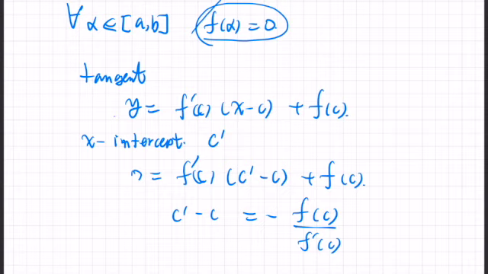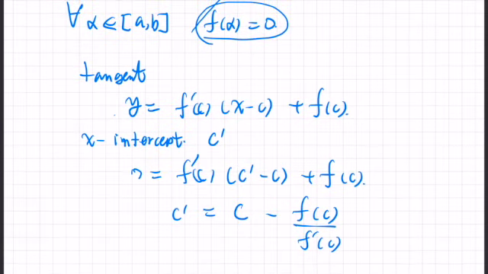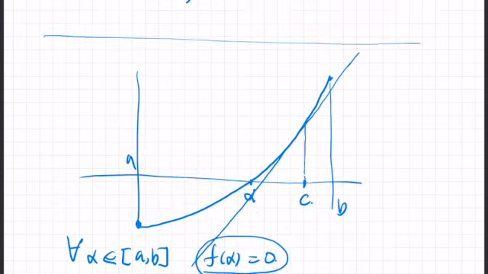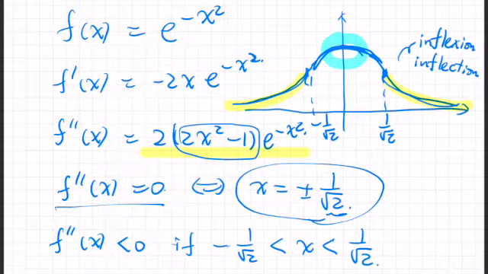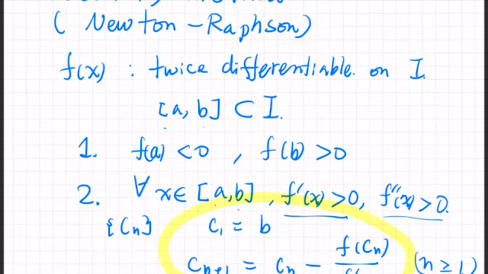And add c to both sides, we have c prime equals c minus f of c over f prime of c. So if c is equal to cn, then c prime is cn plus 1. Now this is the sequence we have defined in this theorem, if you remember this one.